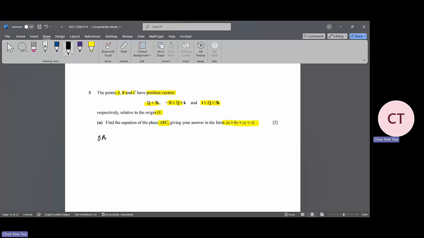So what we need to do at first is I write this OA in a matrix form. So it will be 0, 2, 3. And OB is -5, 3, 1. And then OC is 1, 2, and 5.